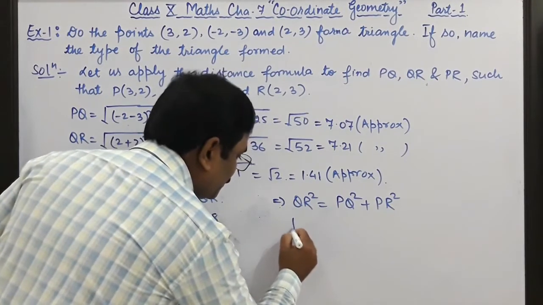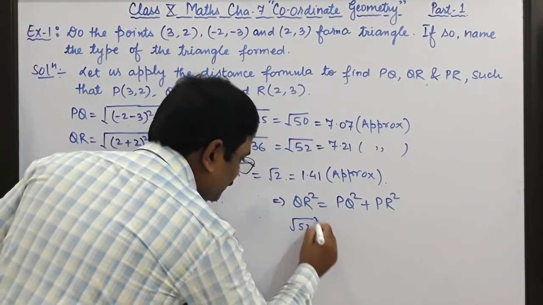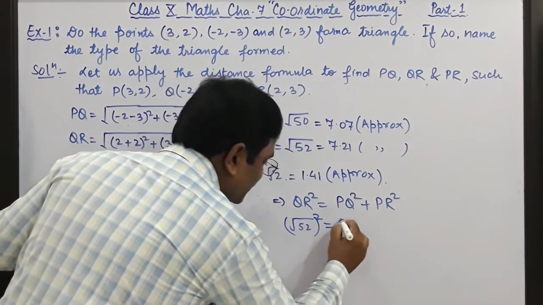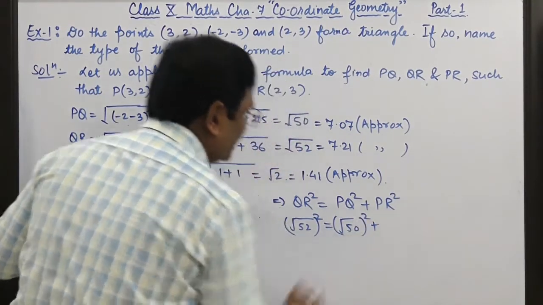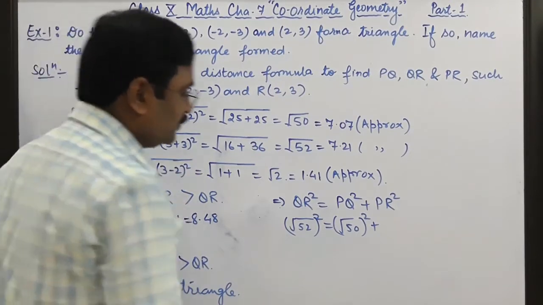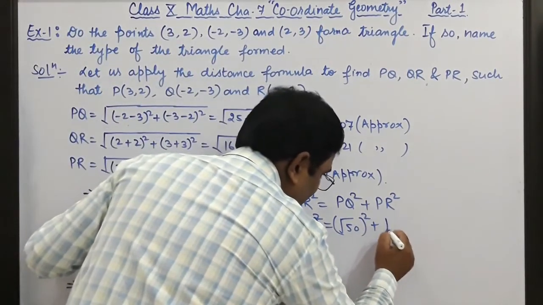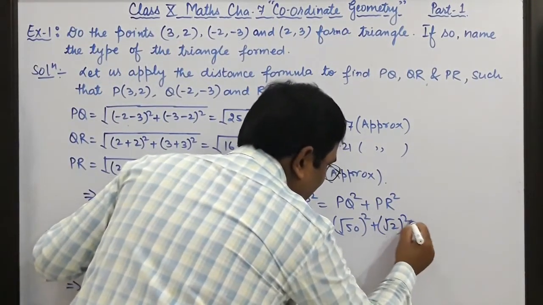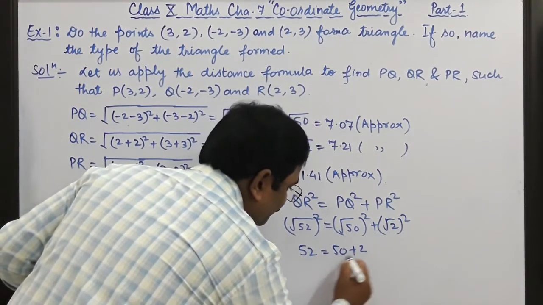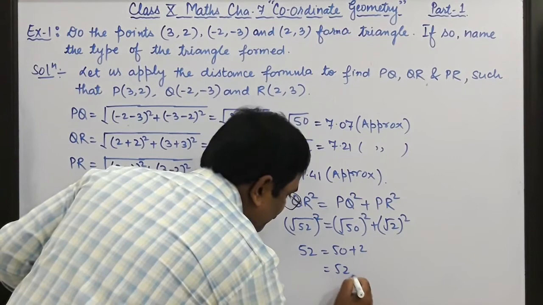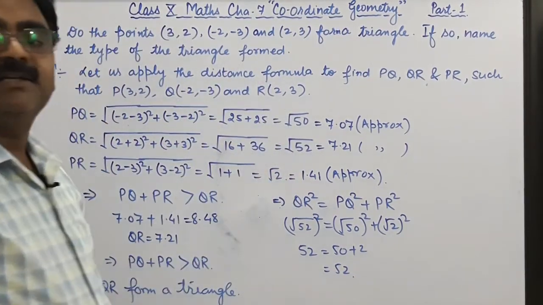This is under root 52 whole square, plus this is root 50 whole square, plus PR is root 2 whole square. So this is 52 equals 50 plus 2, therefore 52. It means it is following the Pythagoras theorem.